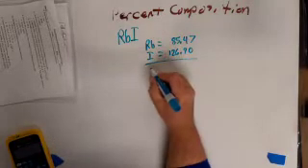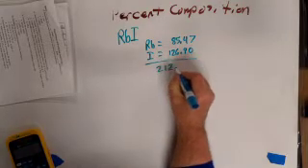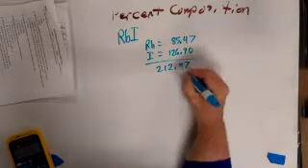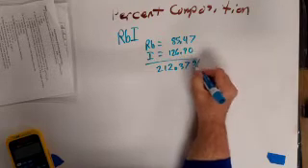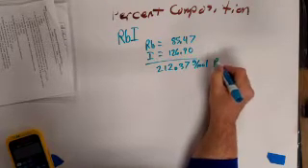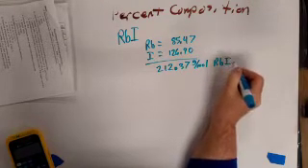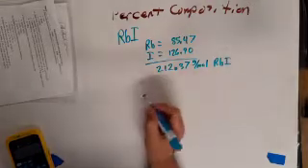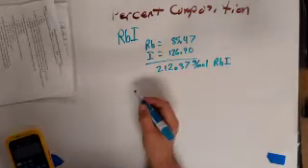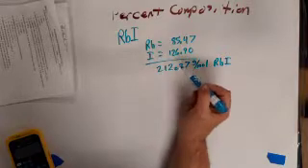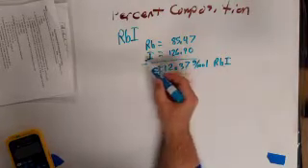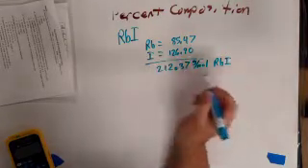Okay, so that's going to give us 212.37 as the molar mass, grams per mole of rubidium iodide. Okay, now what we've got to do is figure out what percentage rubidium is of that mass, and what percentage iodine is of that mass.